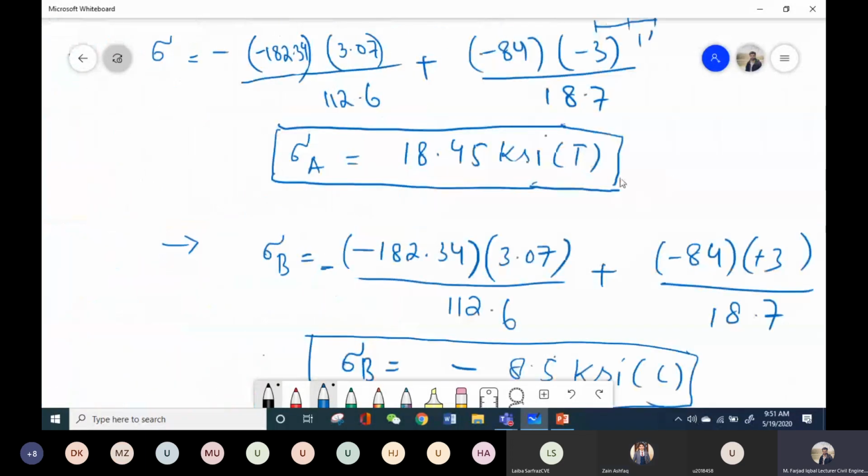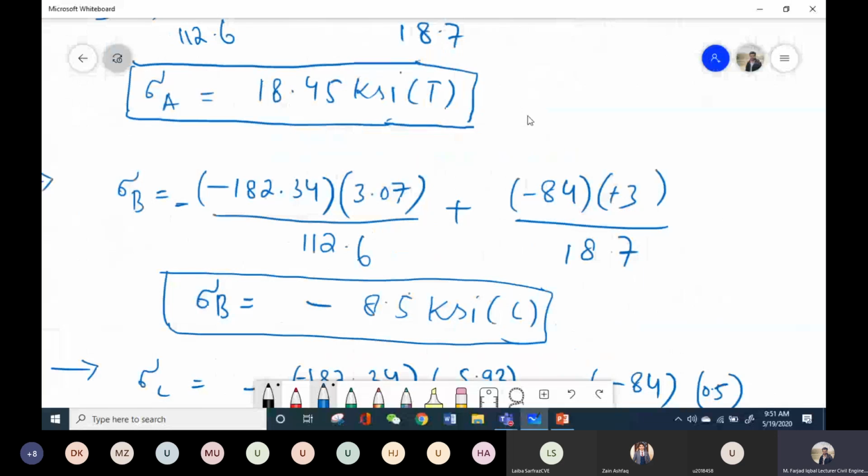So from these calculations, you can finally say that your maximum tensile stress acting in this member is 18.45 KSI, and the maximum compressive stress, sigma T maximum, and sigma C maximum is equal to minus 11.45 KSI.